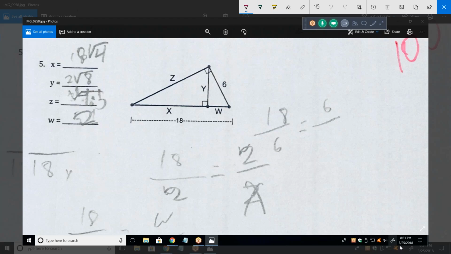Now, let's have a look at this. Again, we have 3 right triangles. So I know that that distance is the geometric mean, correct? Hold on a moment. Let me look at this a little bit more.